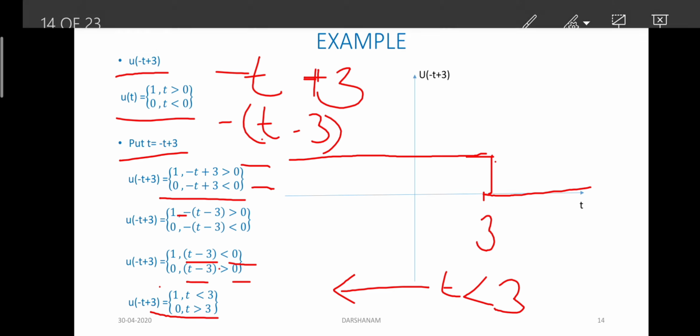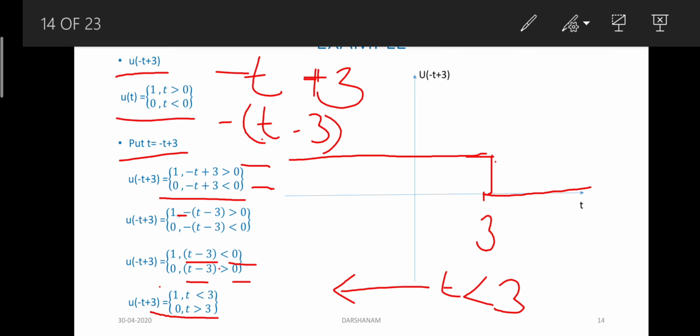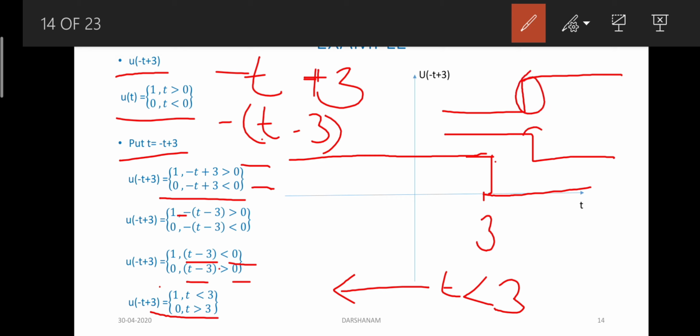That is, where the step function is changing its value, and what type of step function this is. That is, whether it is an upper moving step like this or a lower moving step like this, and where this discontinuity is happening. These are the two things we should know while we are getting questions on unit step function.